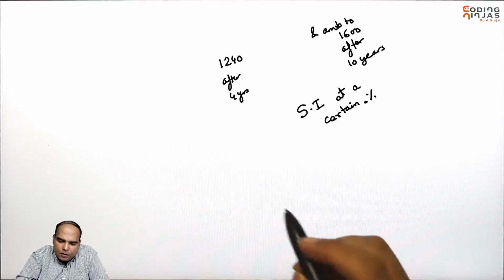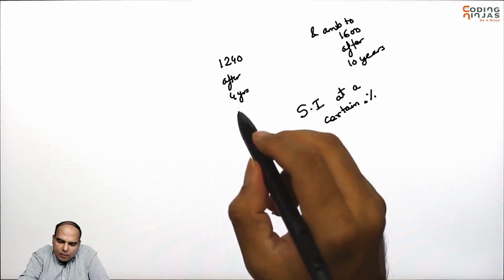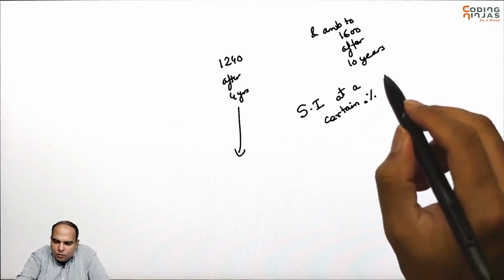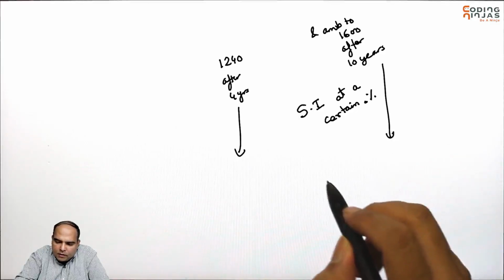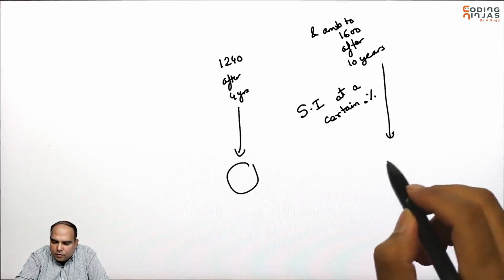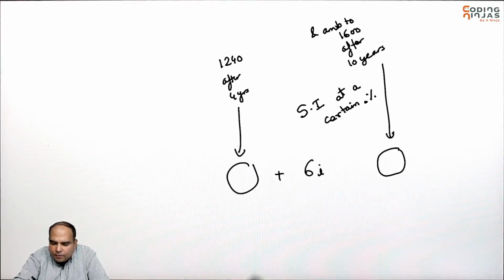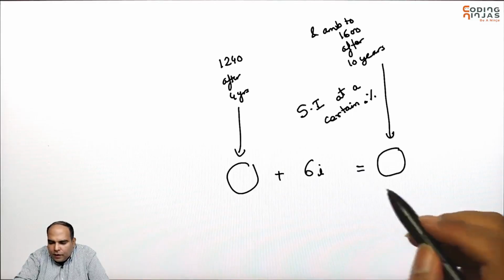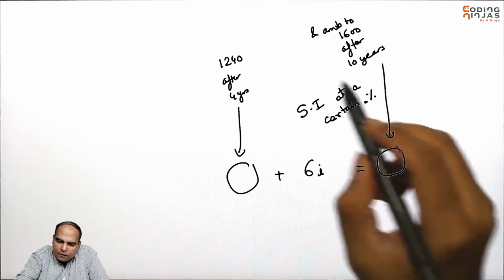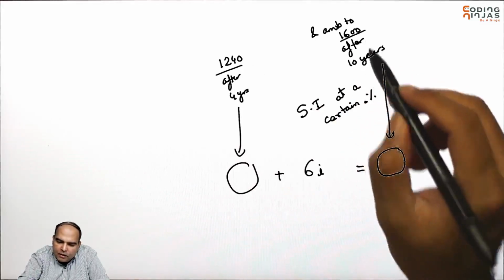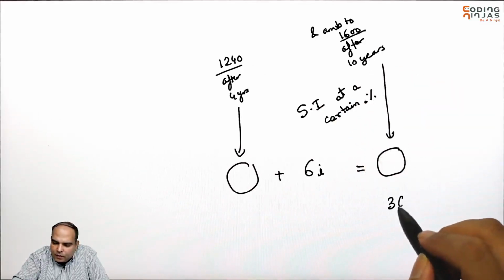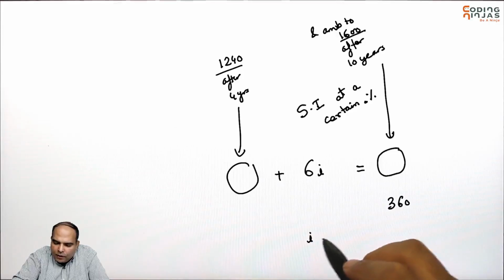So again, the visualization is that the difference between the sum of money after 4 years and the sum of money after 10 years would essentially be 6 times your annual interest. So you can easily find your annual interest. In this case, the difference between 1240 and 1600 is 360. So you can easily find your annual interest as 60.